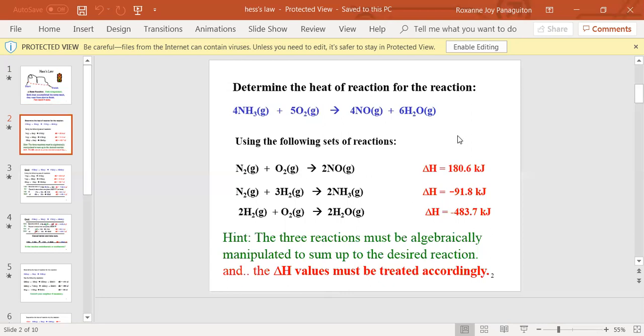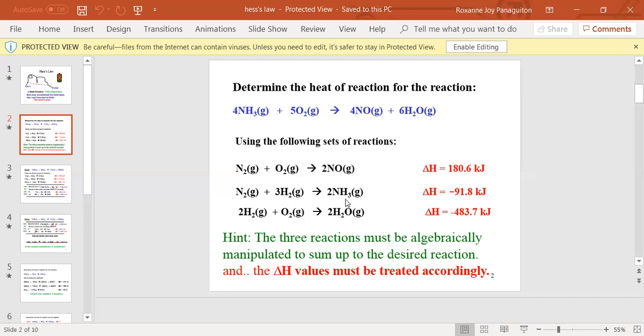Now first, you have to identify which among the three reactions ammonia is found in. Okay? Yes, you're correct. So it is in the second reaction. But if you look at the two reactions, in your main equation, you have ammonia as reactant, and in your second equation, you have ammonia as product.